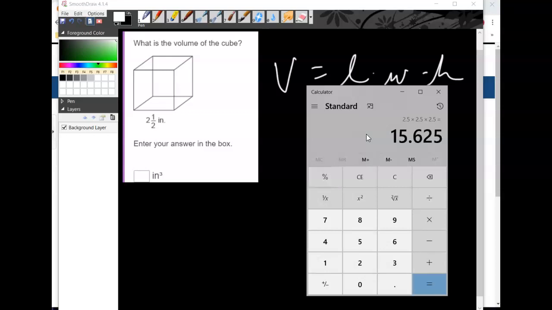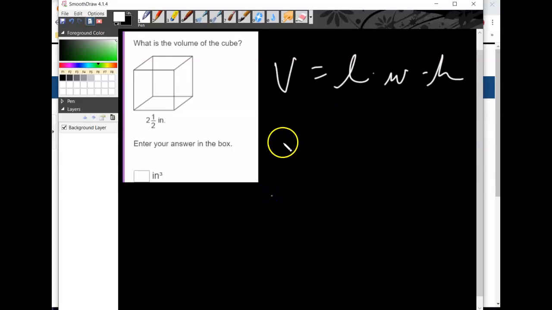That's 15.625. But most often when you're working with fractions, most of the time you're going to need to answer in the form of a fraction. So let's see how I do this with just doing 2.5 times 2.5 times 2.5.